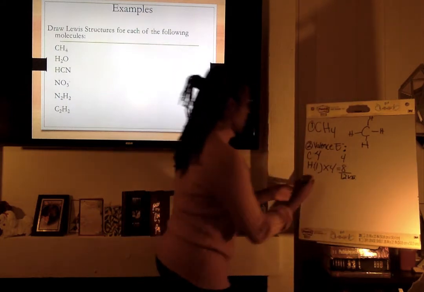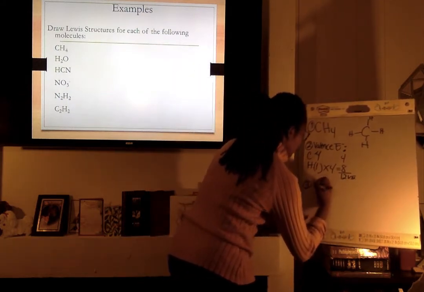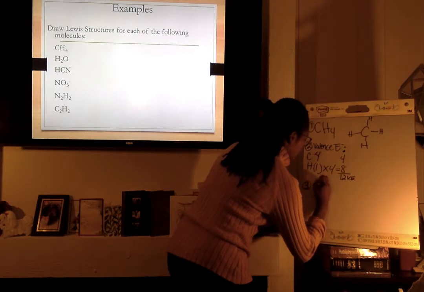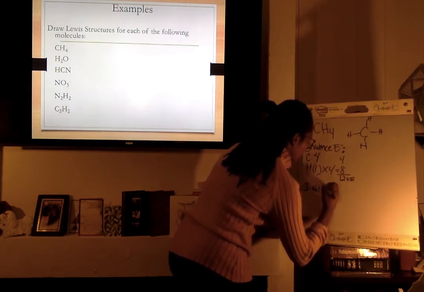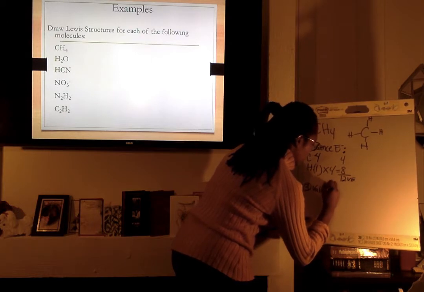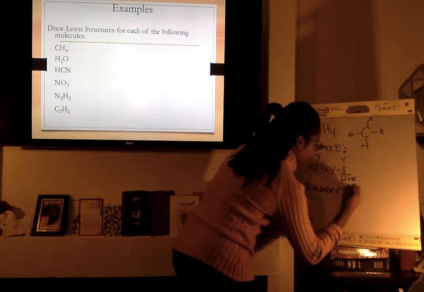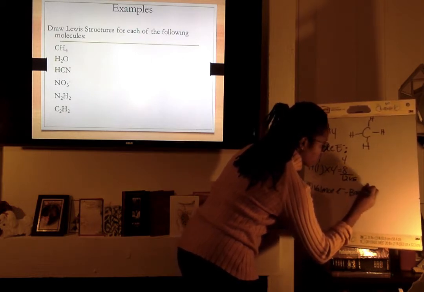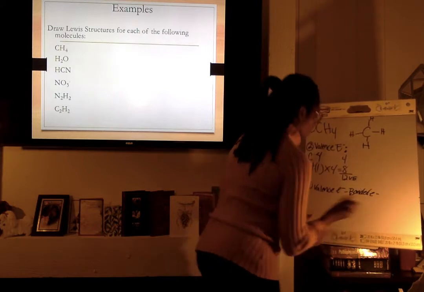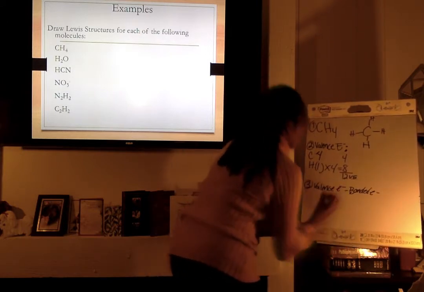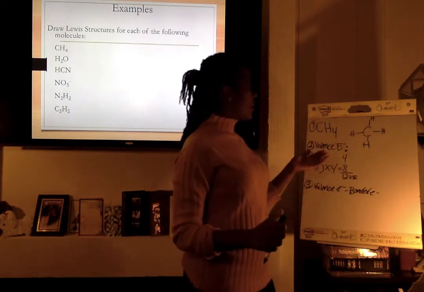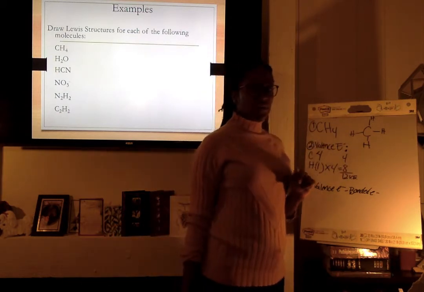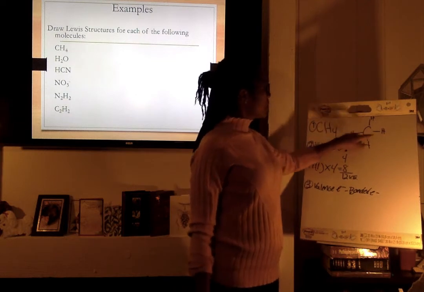And then the next thing that you're going to do is subtract the number of bonded electrons from the total number of valence electrons. So when we look at our skeletal structure, well, first, we have to say how many bonded. We have 2, 4, 6, 8, right?